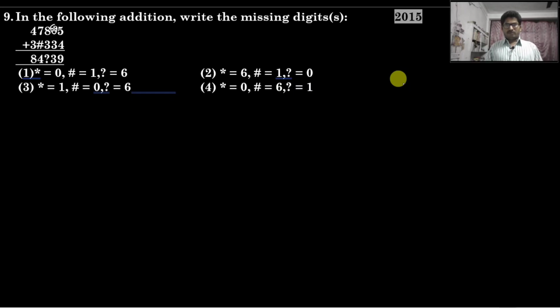First and fourth have 0. These are in competition. Next, 8 plus 3, 11. In place of the question mark, we got 1. So question mark is 1. Here is the question 6. Here 1. So the fourth option is correct.